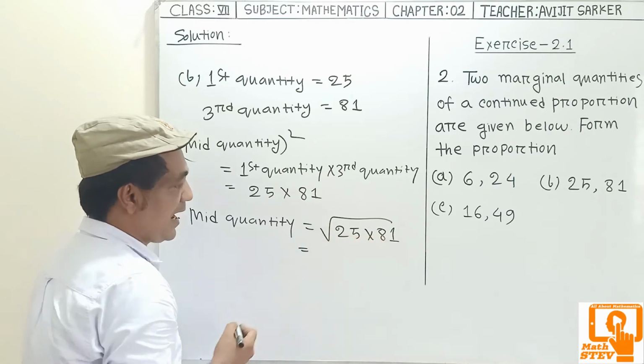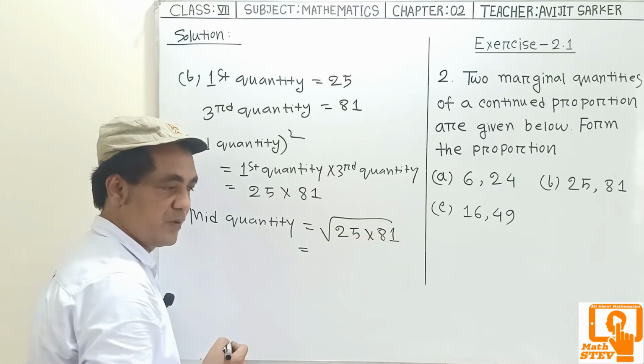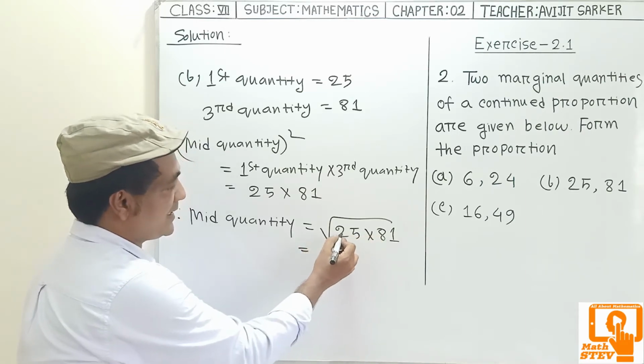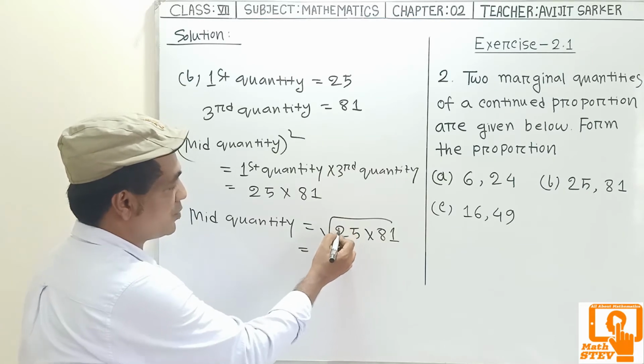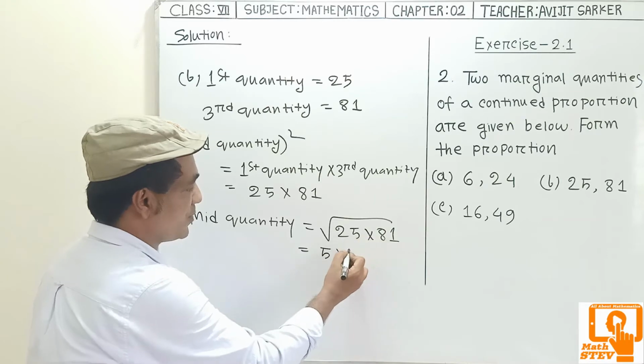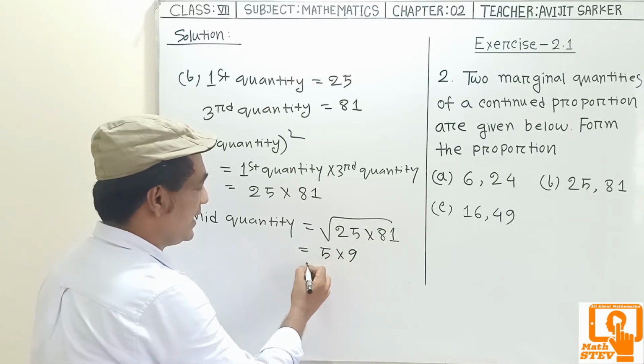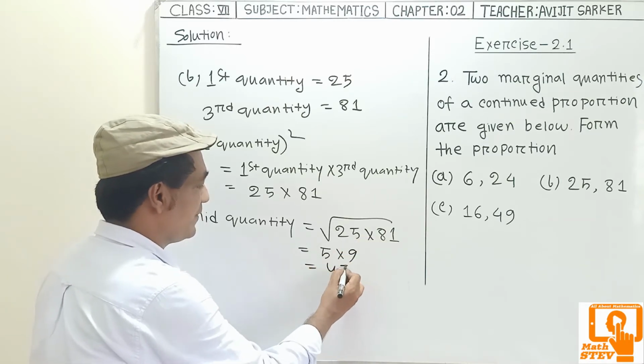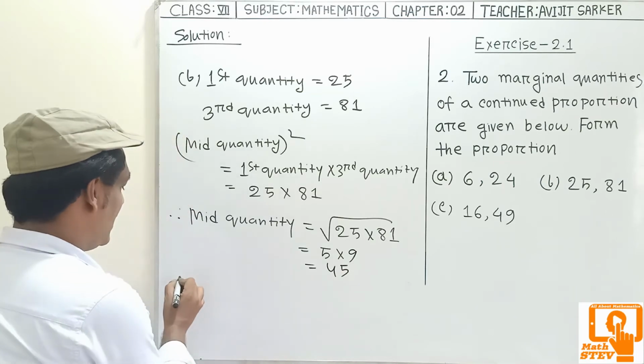25 and 81 are perfect square numbers, so we can write square root of 25, which is 5, multiplied by square root of 81, which is 9, equals 45.